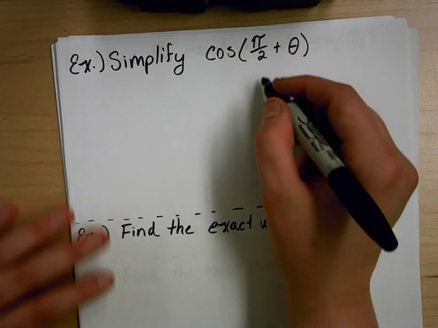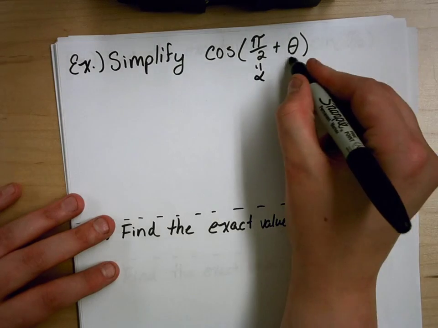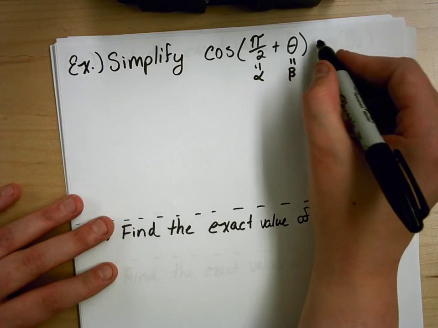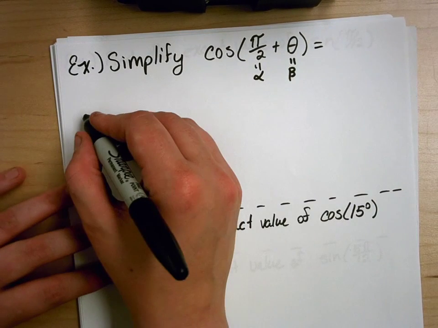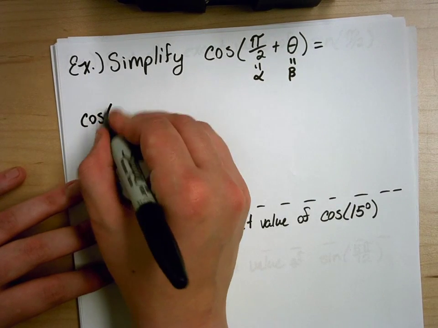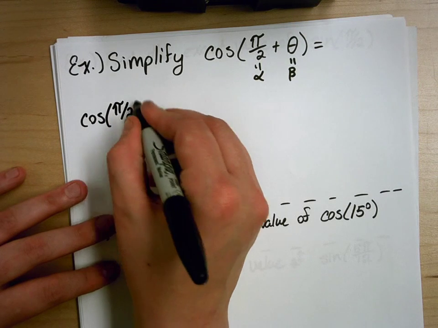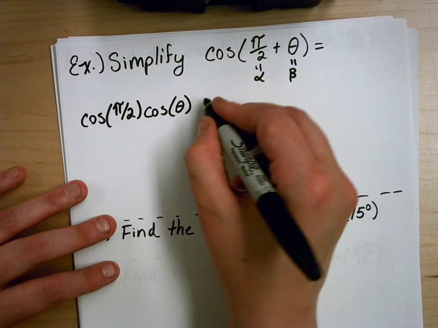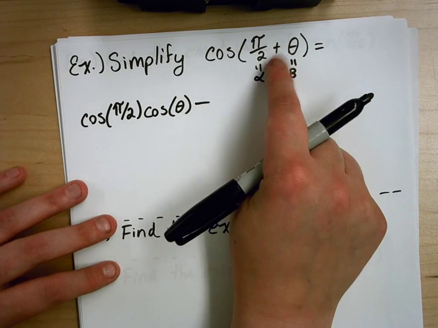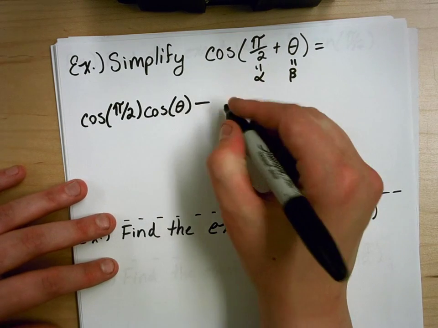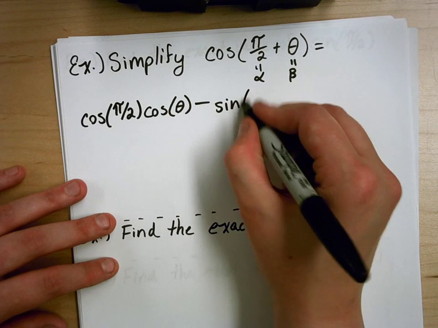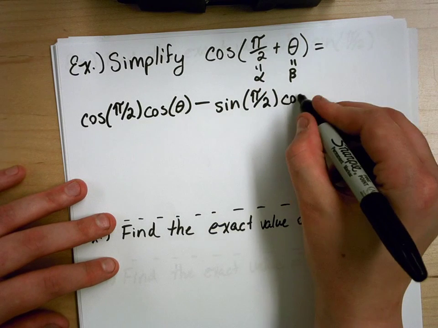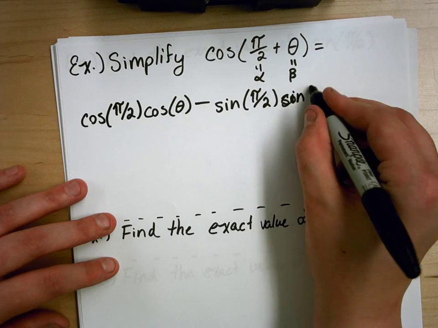If I let pi over 2 be my alpha and theta be my beta, I get cosine of pi over 2 times cosine of theta minus, because we're adding we subtract here, sine of pi over 2 times sine of theta.